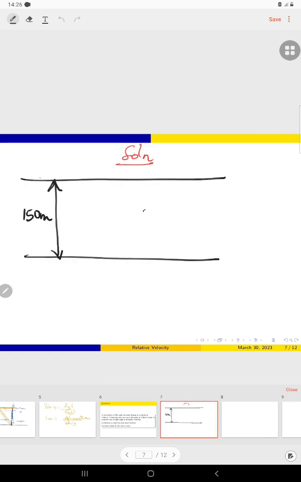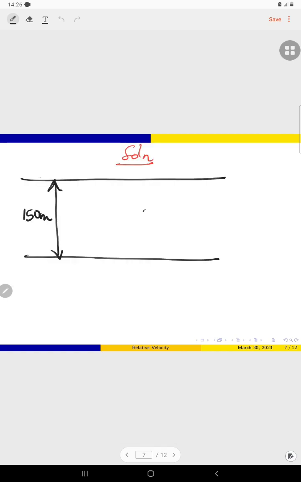We want to row at right angle, so the man must move this way before he finally arrives here. Let's call the direction in which he must steer the boat theta. This will be at right angle, of course. Then this will be the velocity of the man. According to the question, the river is moving due east, so the velocity of the river, when we transfer it to the diagram, is Vr here.